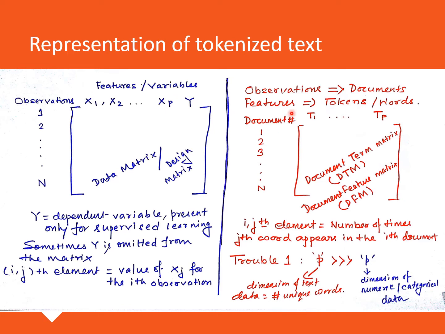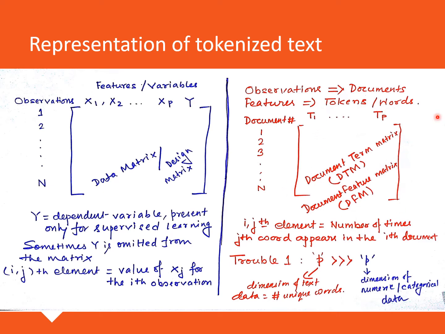Since you have done tokenization, you have extracted the individual words from each of those documents, so you know the total number of unique words across all the n documents. Let's say that number is p. Each such word becomes a column in this matrix.